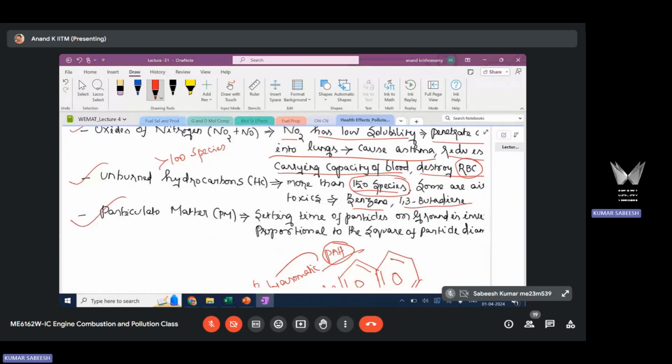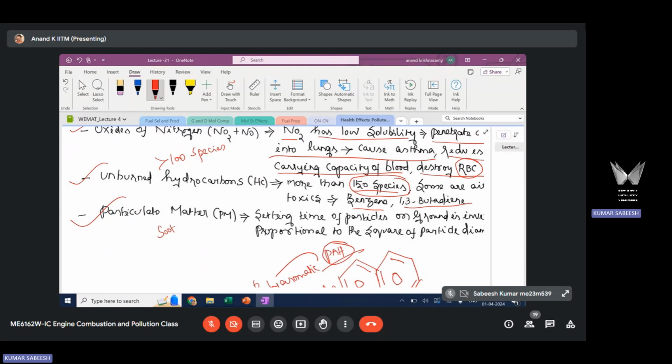Particulate matter, or simply particulates. It's a complex multi-component mixture of solid, liquid and gas-based matter. All three states of matter put together is particulate matter. I will talk more about its composition later on, but here our focus is to see what health effects it can create. Particulate matter has all three states of matter, and the most important thing is soot, solid carbon particles, and almost 50% of particulate is soot.